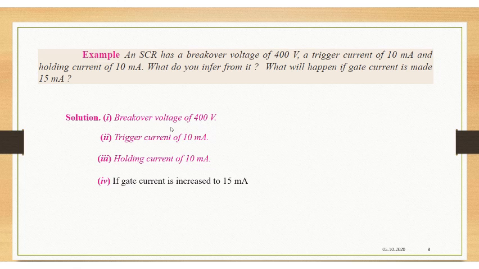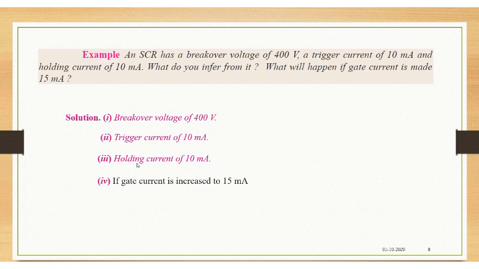If the applied voltage is equal to 400 volts, then the SCR will turn on, or it is closed. You have to use these terminologies because most of the time the SCR will be used in switching applications, as a switch.